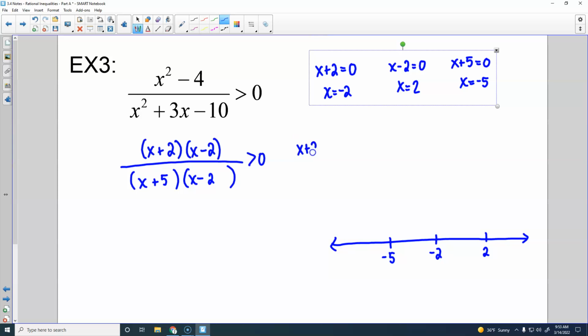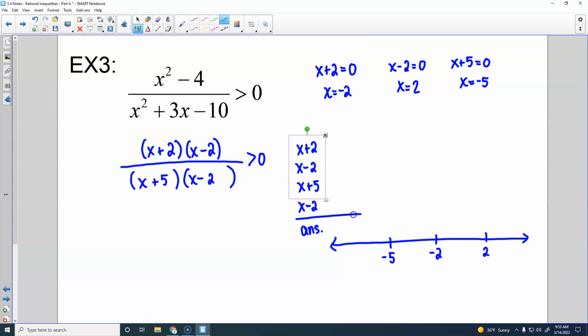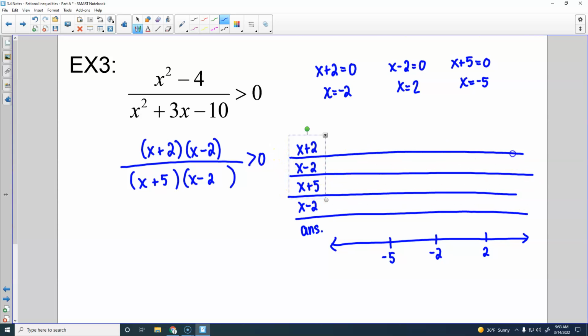So I've got x plus 2, x minus 2, x plus 5, x minus 2 again, and then I would put the answer at the end. I think the chart's particularly helpful whenever you're dealing with one that has lots of factors like this.